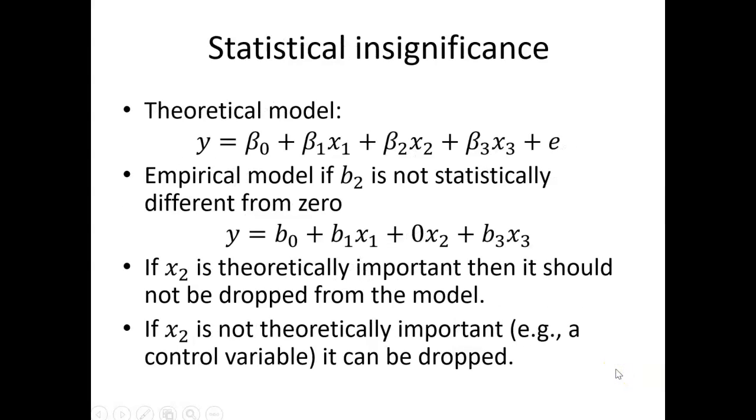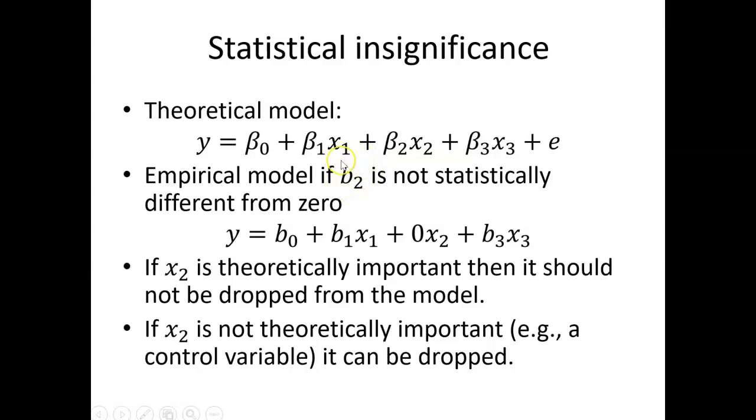So in terms of statistical significance, think about what that means for your linear model. Here we have a theoretical model where y depends on x1, x2, x3, and we've got an error term. Then we estimate the model, and that results in an empirical model where the coefficient estimates are B0, B1, B2, and B3.